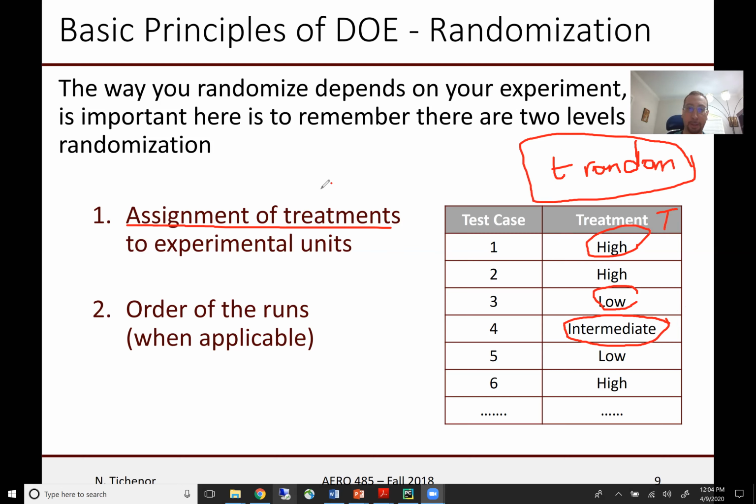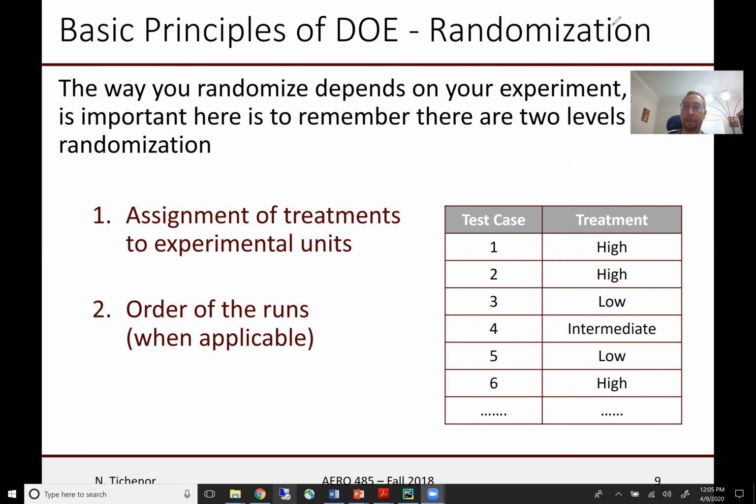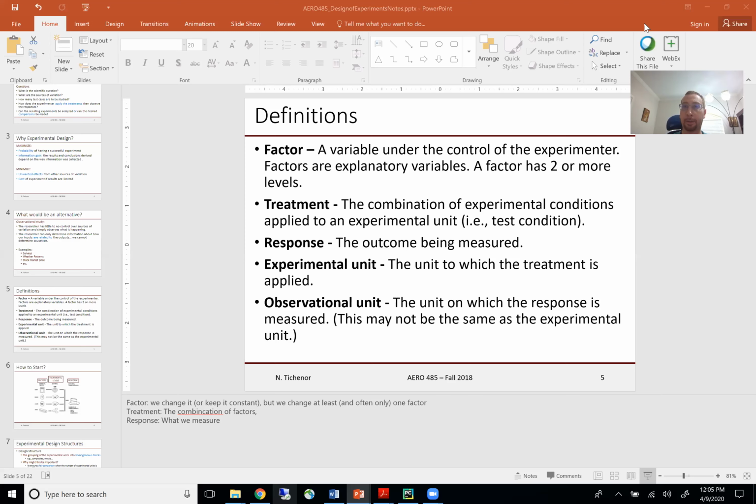So the treatment here is temperature that is randomly assigned, that is randomly coupled with duration of heating, that is a random variable, let's say between 2 to 4 hours, or 1 to 5 hours. So we're going to stop this video, and we're going to continue on the next one.